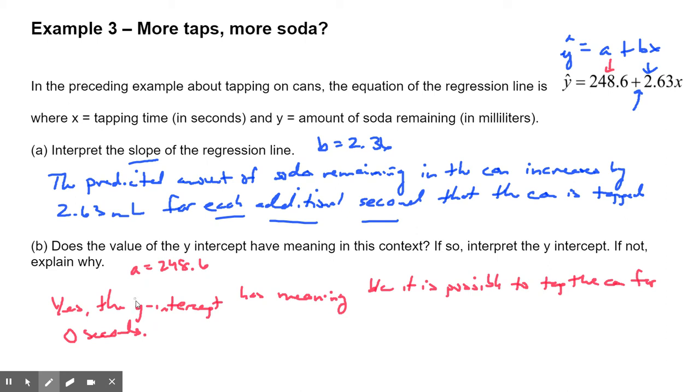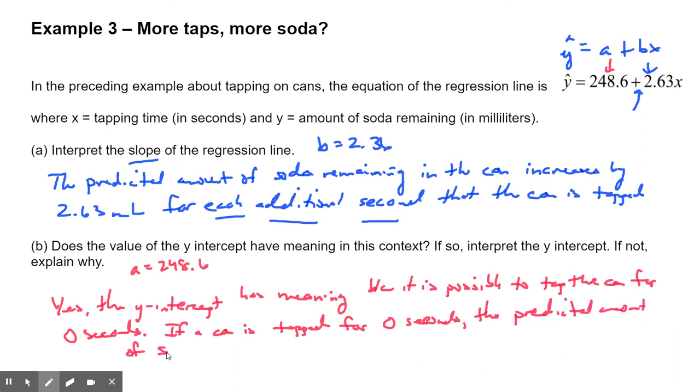So it's this idea of, if a can is tapped for 0 seconds, the predicted amount of soda remaining is 248.6 milliliters.